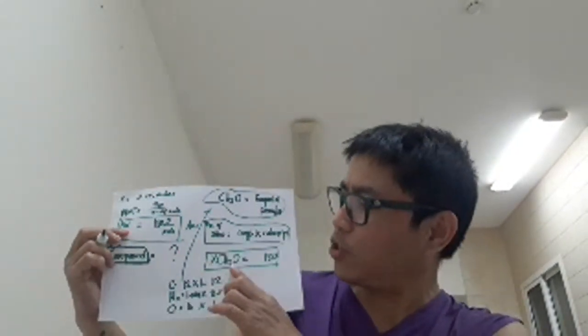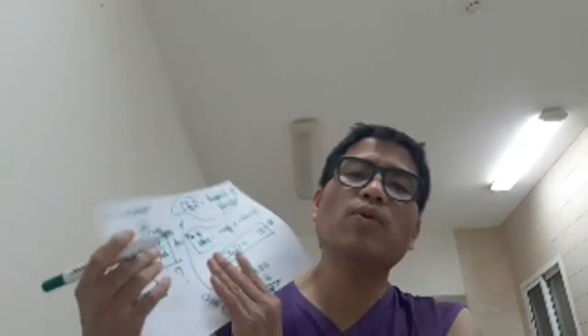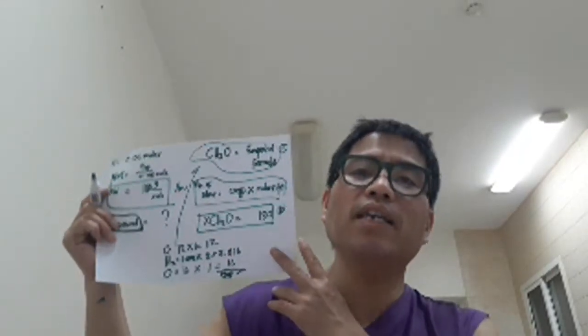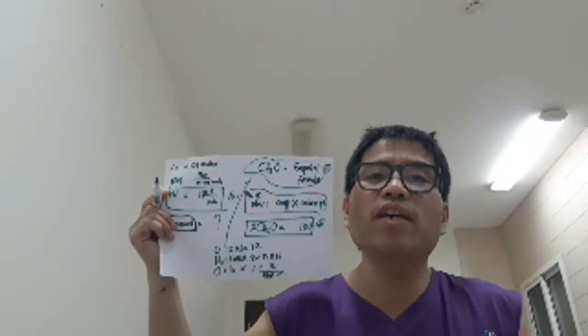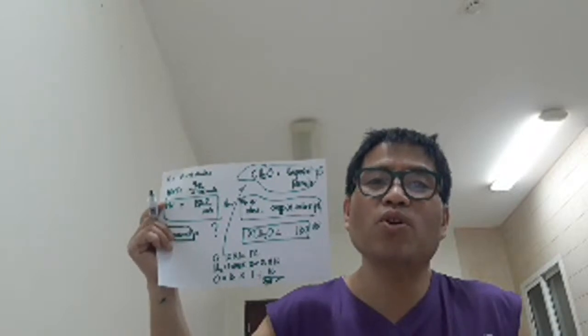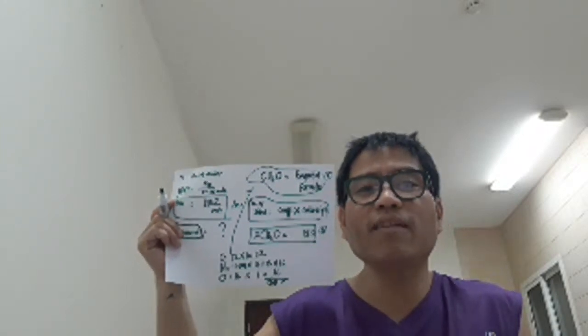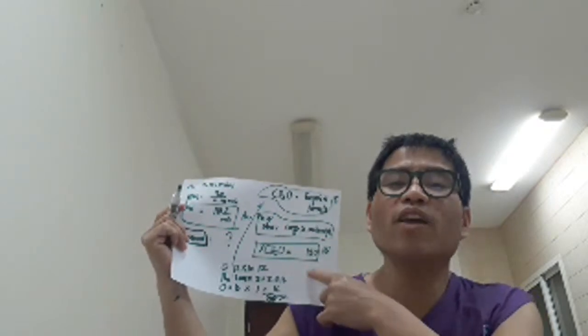Now we go back to our molecular weight formula, which is XCH2O equal to 180, where we let X be our coefficient. In this case, you have equation 1 and equation 2. What do you notice? Applying the same properties, the same variable, we can apply ratio and proportion, because the first equation has CH2O and the second equation also has CH2O.